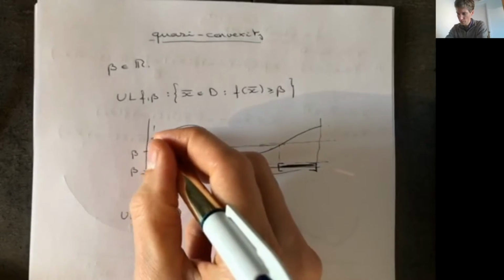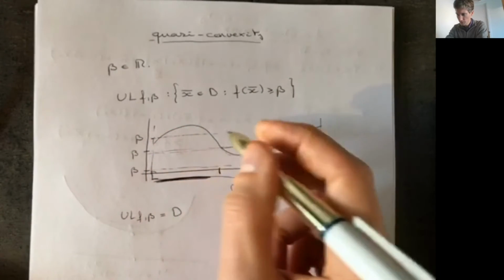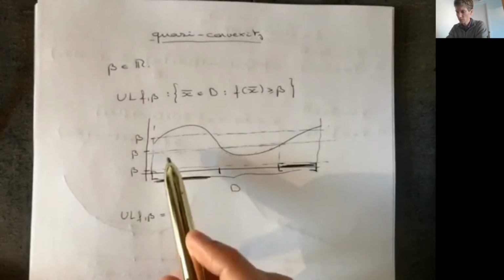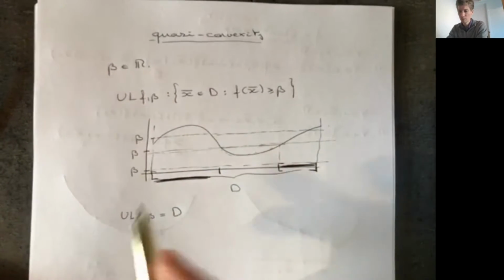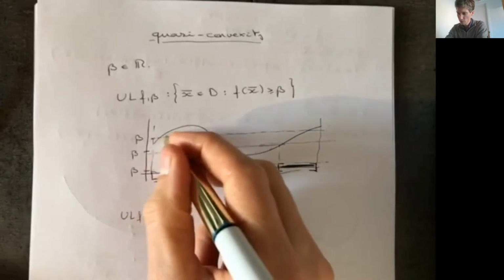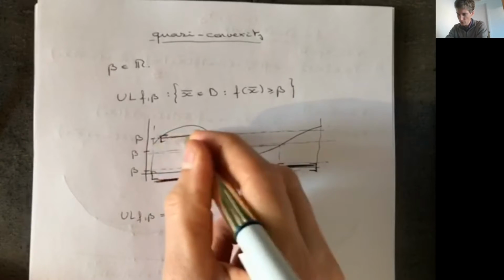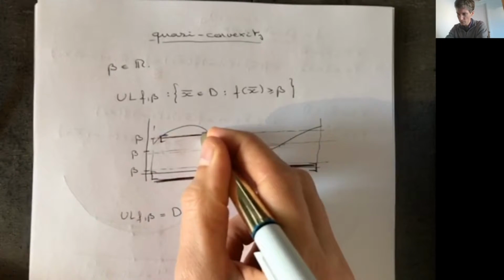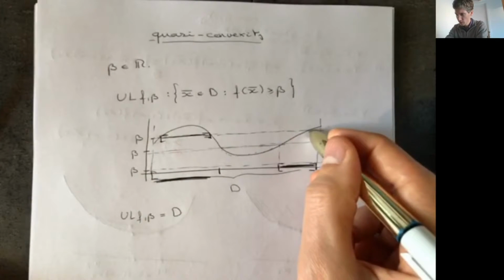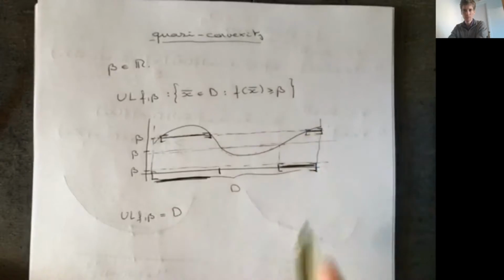I can increase my beta even further, then I have beta here. What are all the x's in my domain for which f of x is greater or equal to beta? Here it's below, and then I start in my domain here, all these values, f of x is greater or equal to beta, then not here, and then here I start again, and so on.